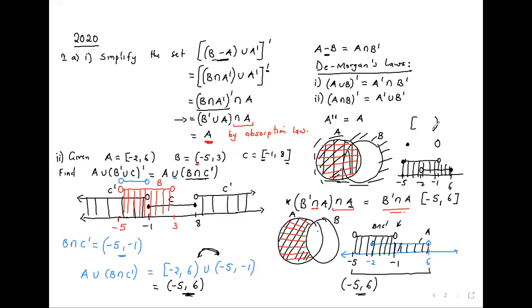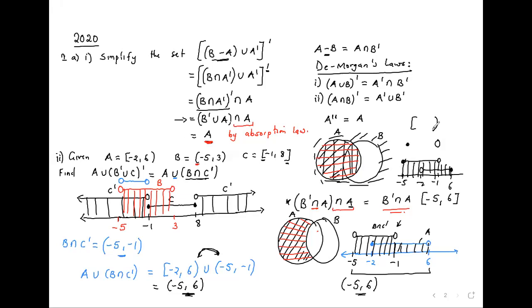And in the union, if this set includes this and the other set does not include it, in the union it is there. But in the intersection, it won't be there. Okay, we still have a lot.